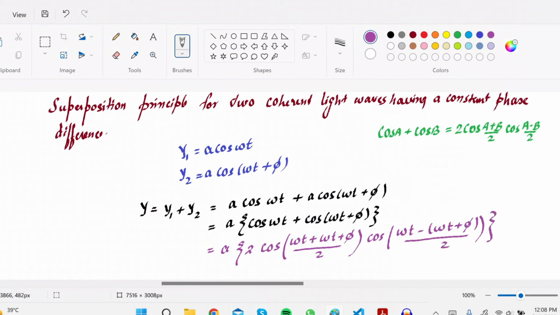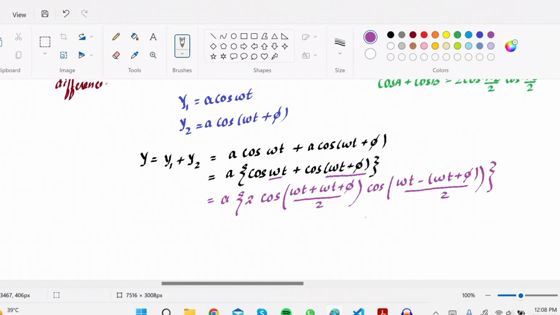Let me repeat again. A is nothing but omega t, this one, and B is nothing but omega t plus phi, which is this one, and I have placed it in the above identity. So let's take that 2 outside. So 2a cos ((omega t plus omega t plus phi) divided by 2) and cos ((omega t minus omega t minus phi) divided by 2).